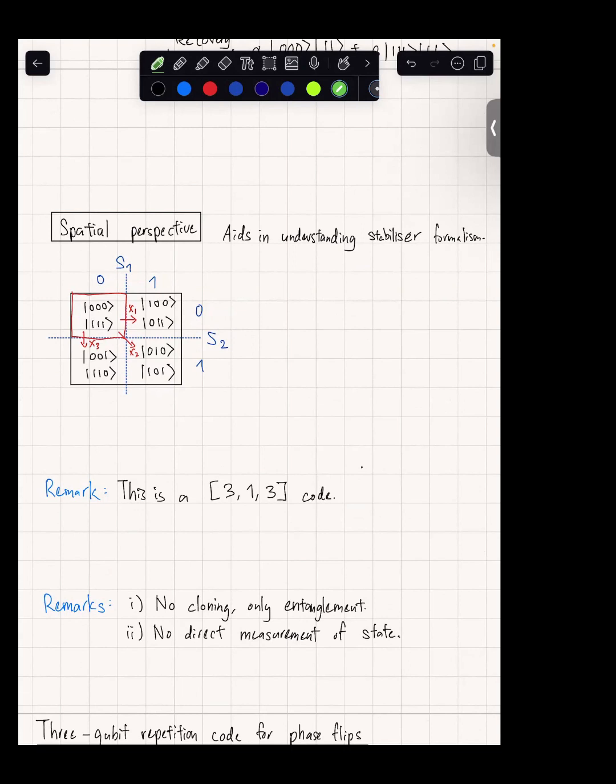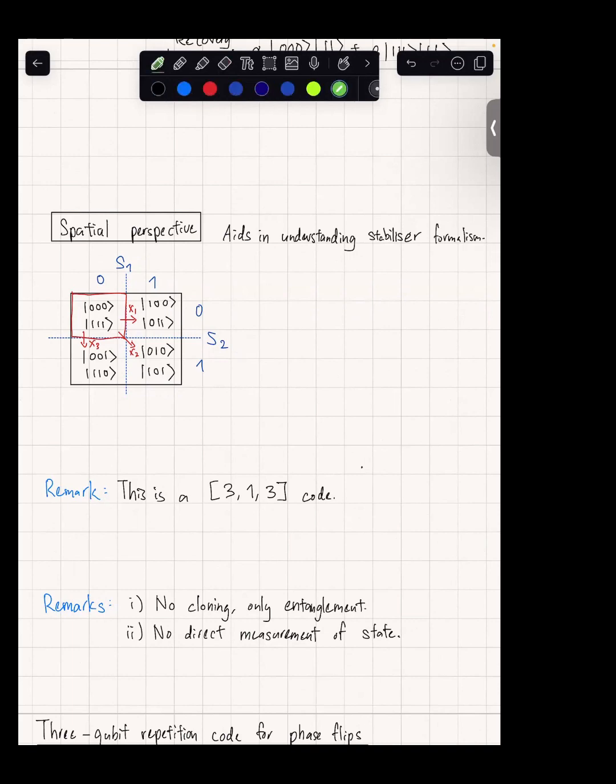We can view our set of possible code words as this square space here. And we can view our syndrome measurements as lines that bisect the space. In this case, you can view S1 as this bisecting line along the vertical axis, and S2 as this horizontal line bisecting the space as well.